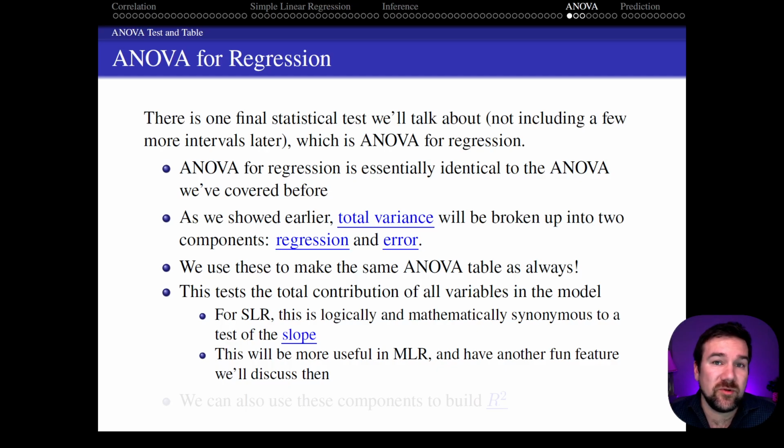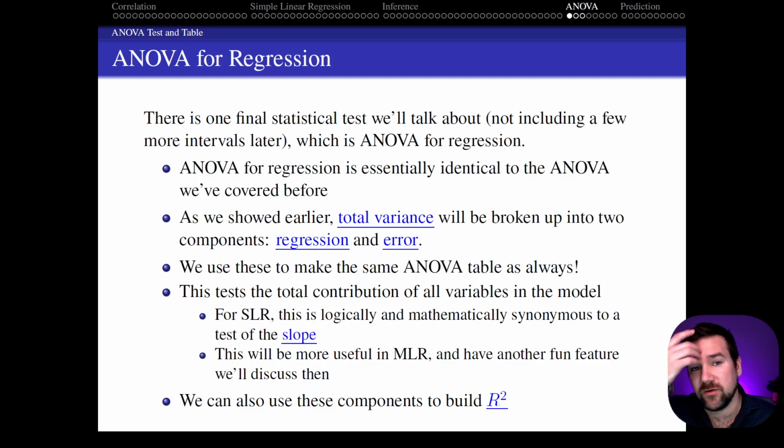And so with simple linear regression, the F-test and the t-test are going to give the exact same p-value. But with multiple linear regression, that does become a little more meaningful. I'll also say in multiple linear regression, there's another fun feature that we can add on to here that's very pragmatically useful. And so we'll discuss that when we get to that chapter.